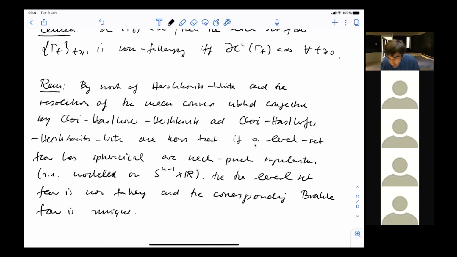Something page 18. So what is page 18? Page 18. You mean page 18 in the notes? Ah, yes. Okay, let me go back to the notes.